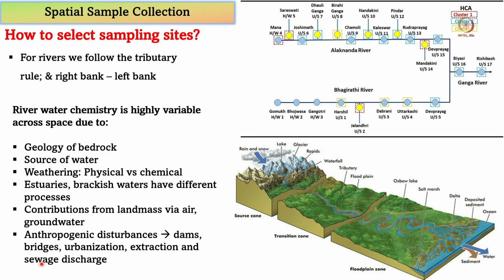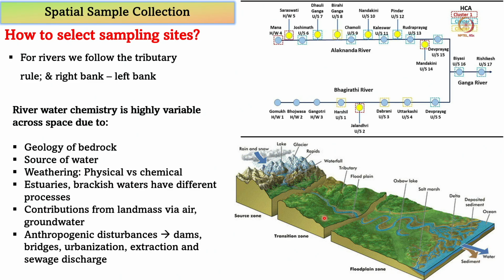So all these factors come in when you are deciding at what spatial scale you are going to collect the samples. Okay, whether you are going to collect here, whether there is a city here, whether you need to collect the water before and after the city. Whether there are changes in the bedrock, whether you should collect water from that zone, whether there is a dam, so before and after a dam.